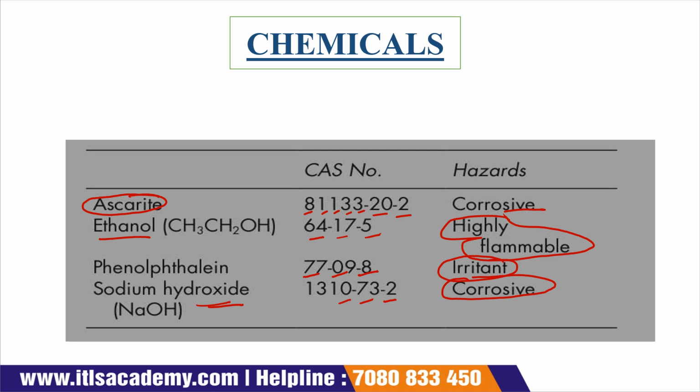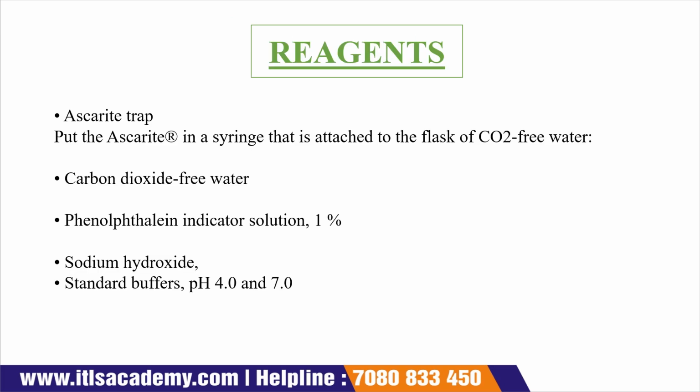Now the next slide is related to the reagents used in this experiment. The first reagent that we use is the ascarite trap. The ascarite trap is prepared by putting ascarite into a syringe, and this syringe is attached to a flask in which CO2-free water is present.